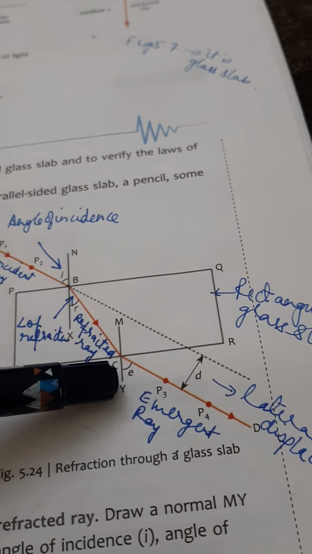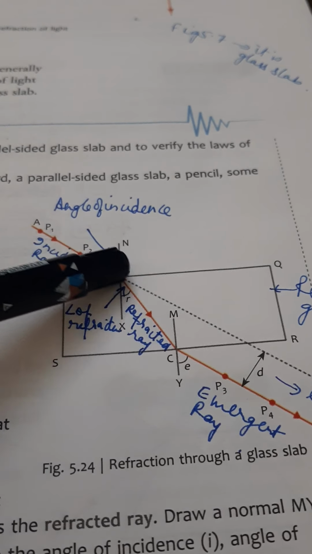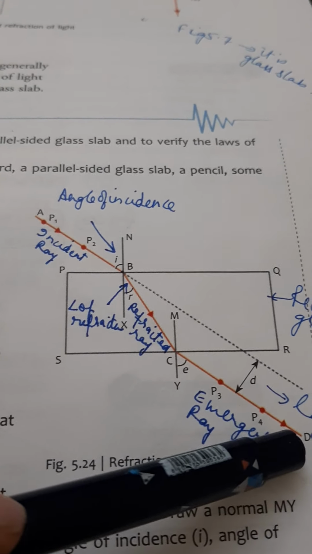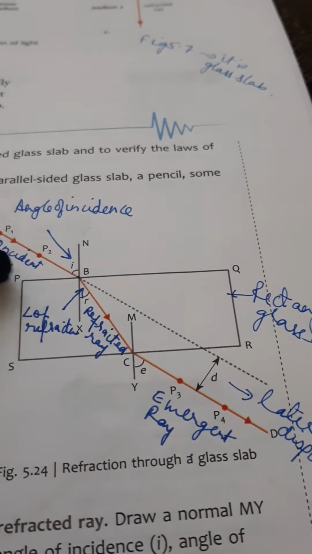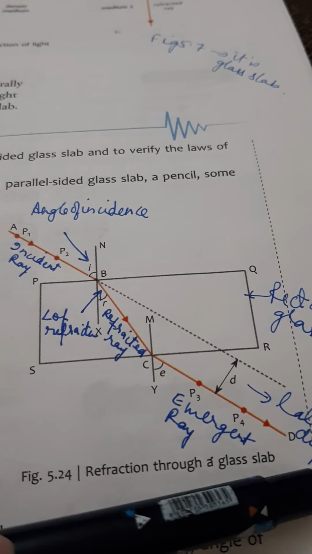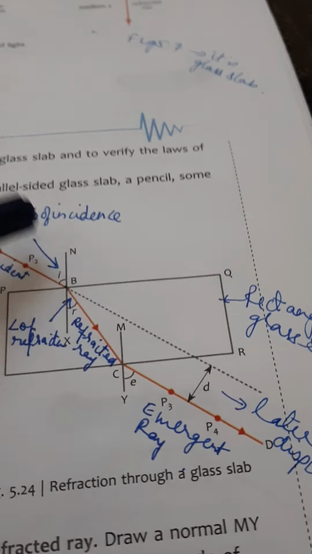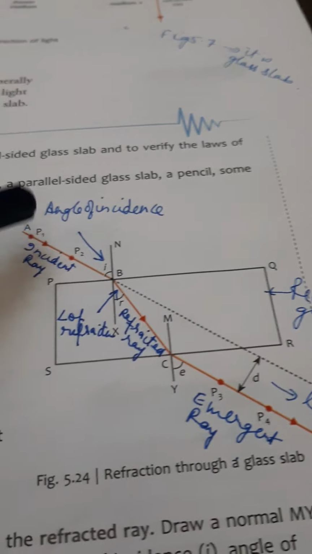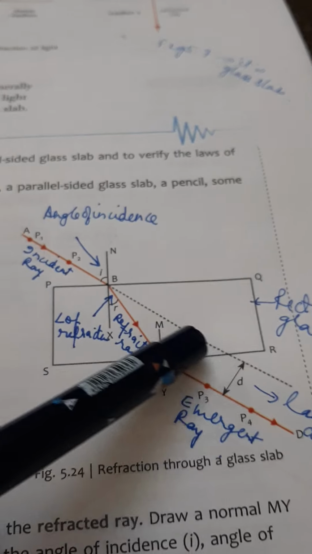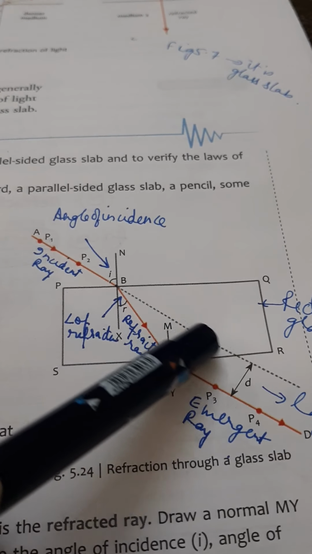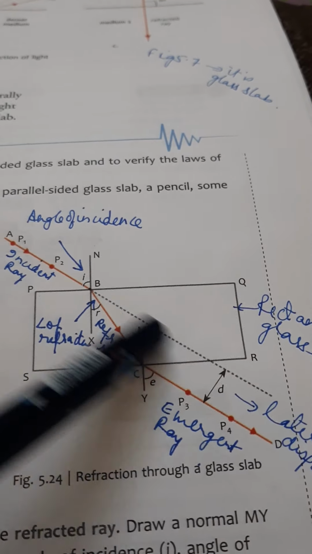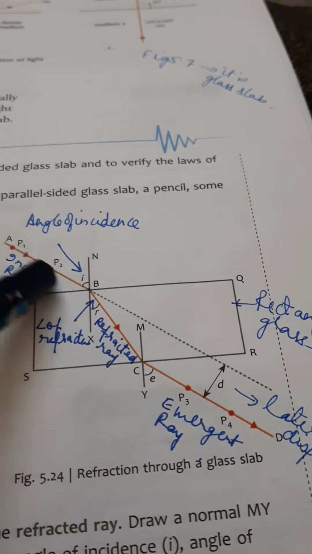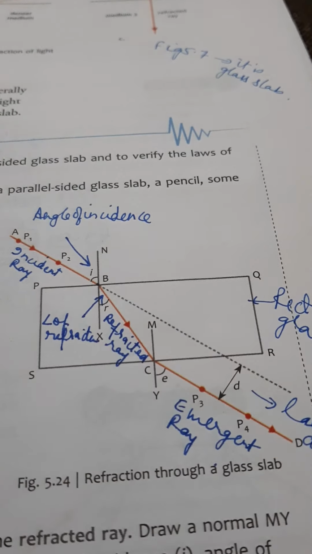Now you see that the incident ray entered into the glass and then came out again into the air. So it has changed its path. Suppose there is no deviation, then it would have followed the path shown with the dotted line, going in a straight path.